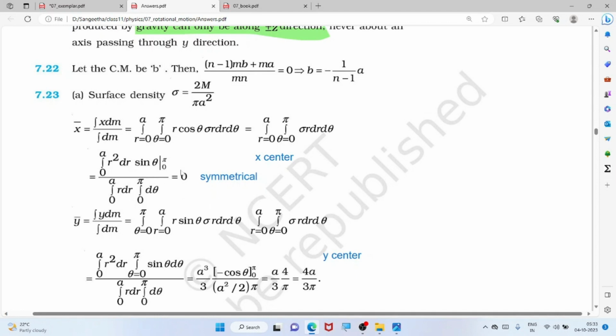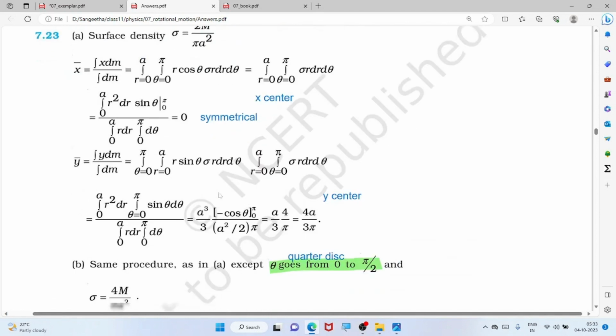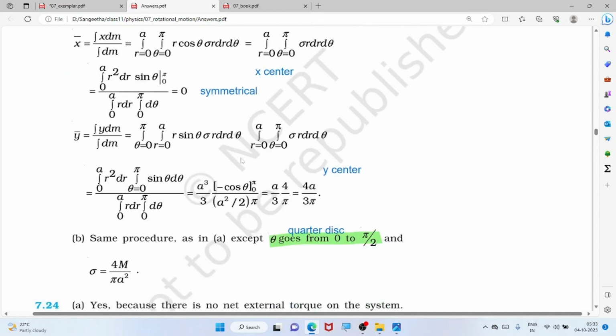For the symmetrical system, the x coordinate of the center of mass is 0. For the quarter disk, they are integrating from 0 to pi by 2. The system is symmetrical about the axis, so this will be 0. Then the center of mass y coordinate is this, so the total center will be 0 comma 4a by 3 pi. For the quarter disk we have to integrate from 0 to pi by 2.